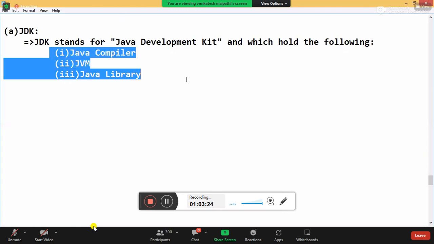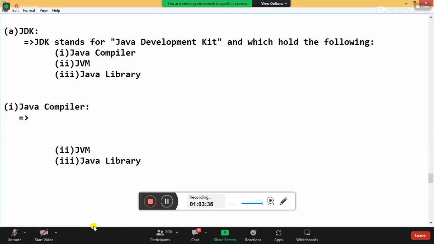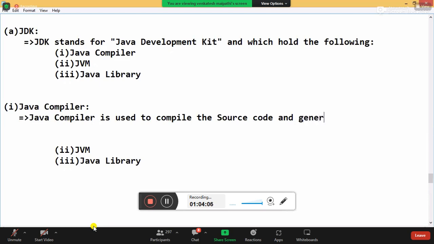Right. Now make a note. Java compiler is used to compile the source code and generate bytecode.